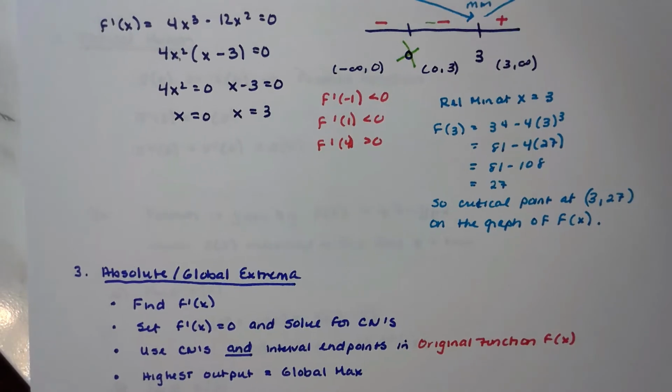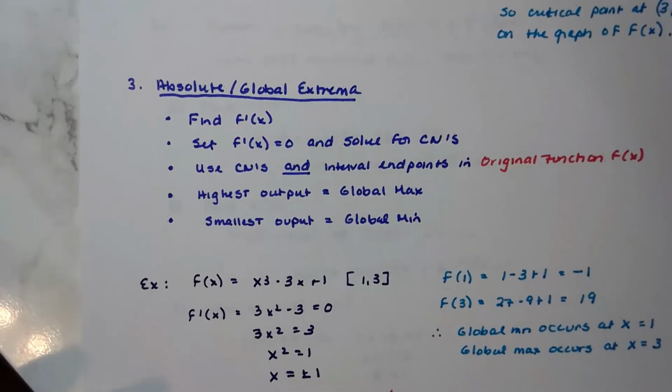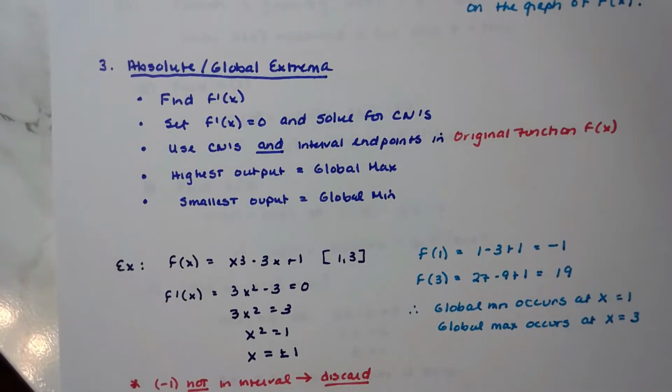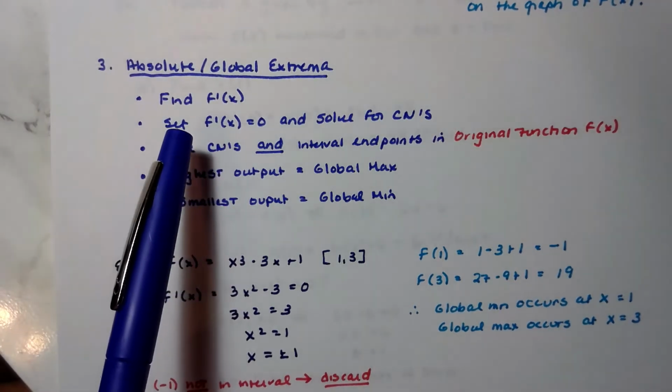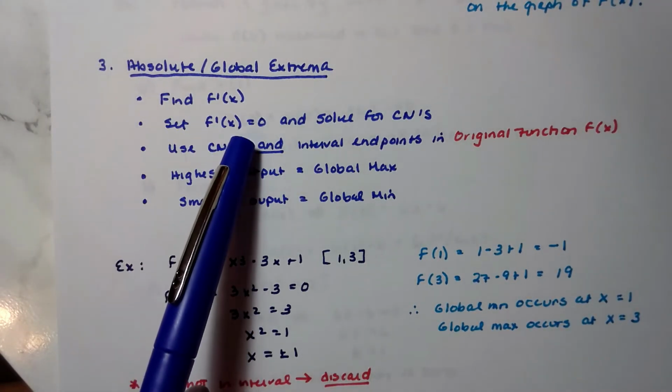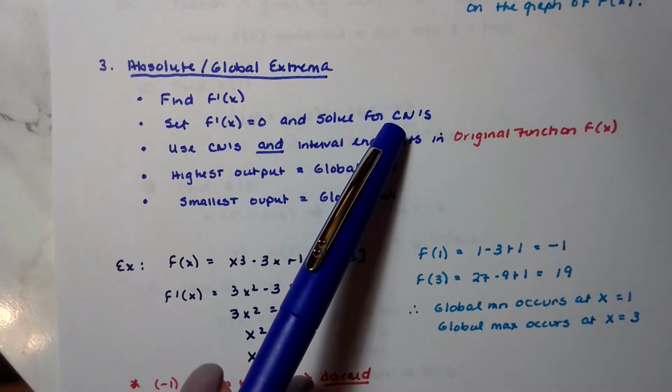Now with absolute or global extrema, meaning the very highest and the very lowest point on a graph, for a function it means the output value. It means I plug some number in and get the very smallest number out. So it's similar to the first derivative test, where we're going to take the first derivative, set it equal to 0, and find the critical numbers.